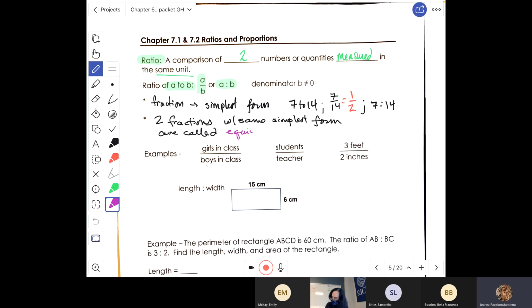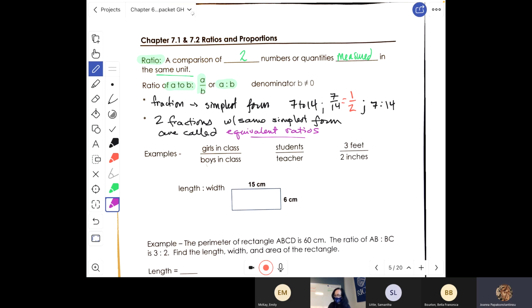Equivalent fractions or equivalent ratios. So 7/14 equals 1/2. If I give you 2/4, that's also equal to 1/2. So 7/14 and 2/4 would be equivalent fractions because they both reduce to 1/2.